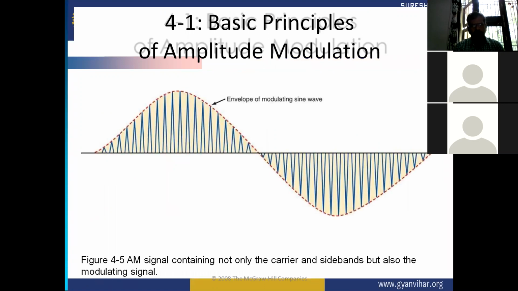This is the AM signal containing not only the carrier and sidebands, but also the modulating signal. This is the waveform of the envelope of the modulating sine wave, in which the amplitude as well as the carrier and modulated signals exist in this waveform diagram.